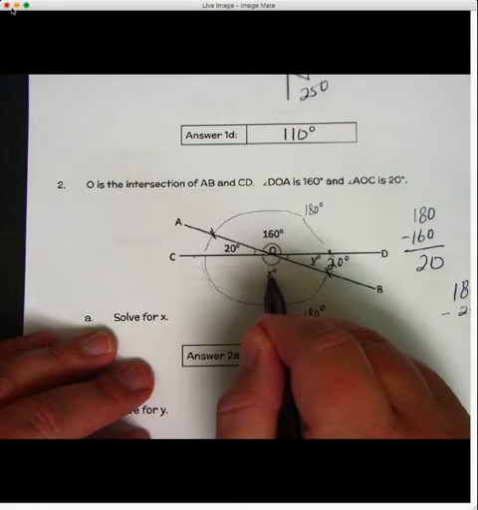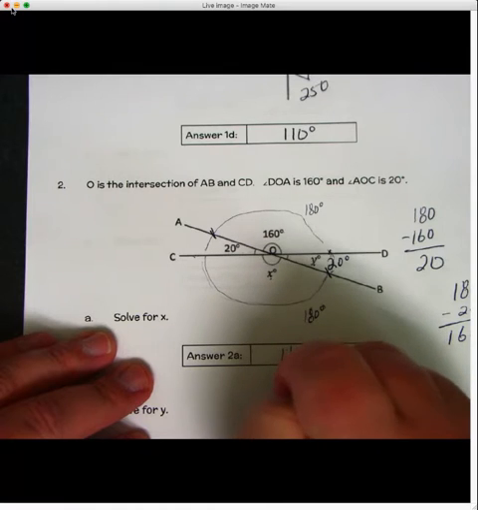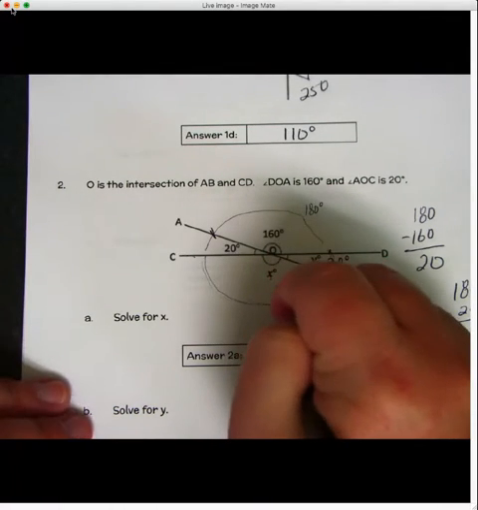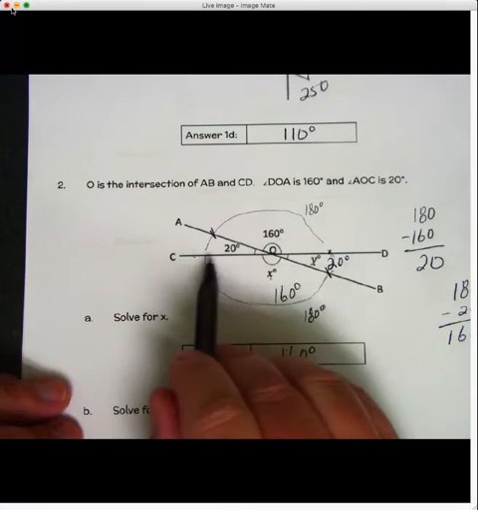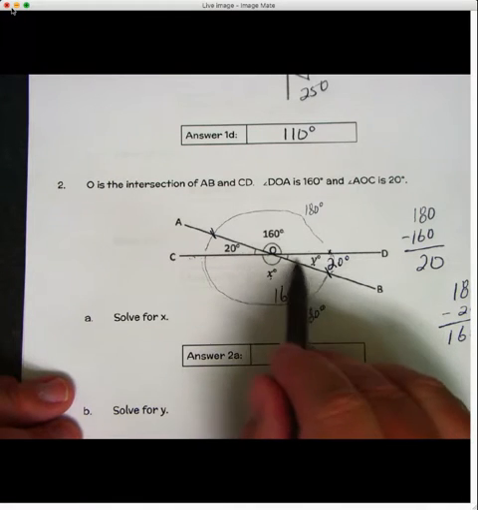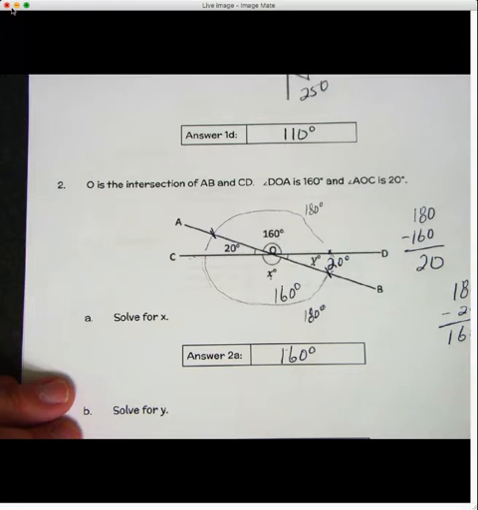So we're trying to find out how much X is. And that will be 160 degrees. So there we go. Not so bad. Just remember, on these kind, you got to use the straight line to find the missing angles. And a straight line is 180, where a circle is 360. Okay? A straight angle, I should say.